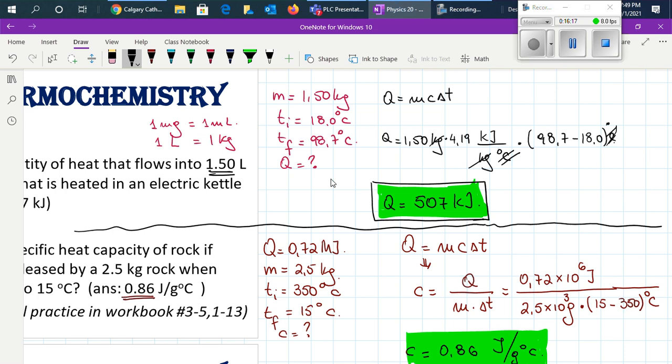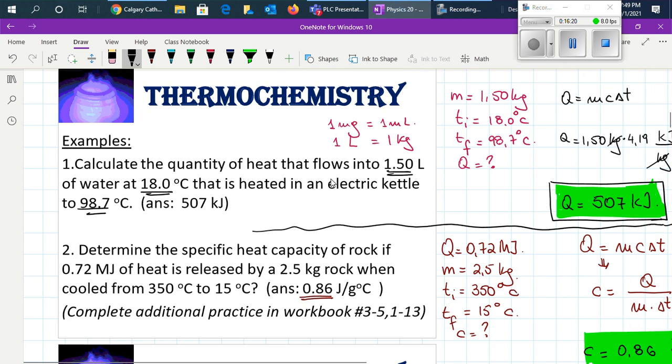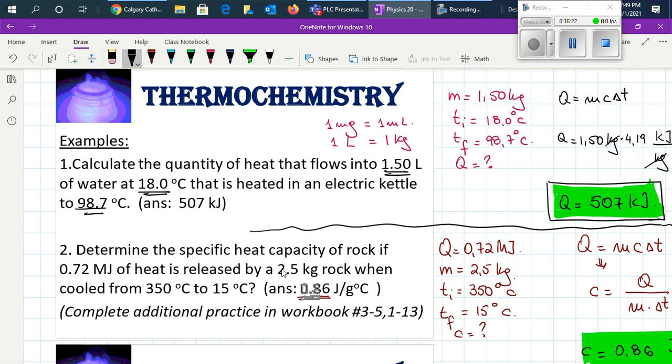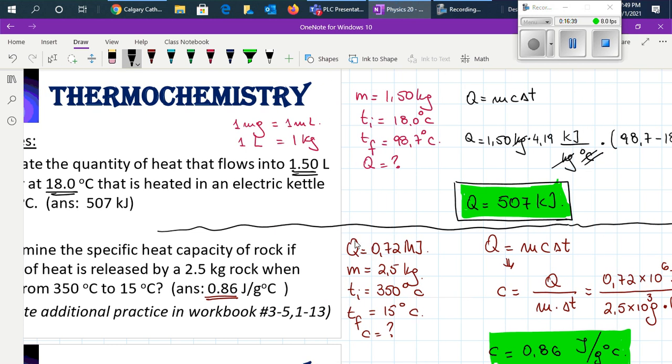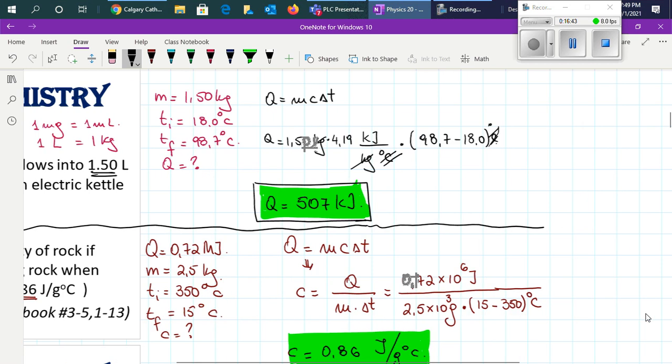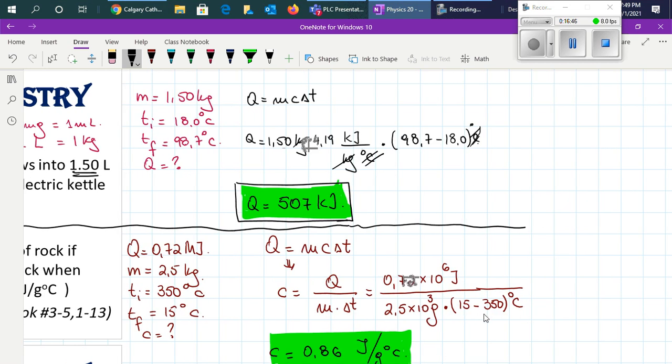But as you see here in the question, the heat is released by the rock. So the rock is the system and the air is the surroundings. If we are being very specific, this heat is negative, and then the negative of the temperature difference will cancel out with the negative that the heat has.